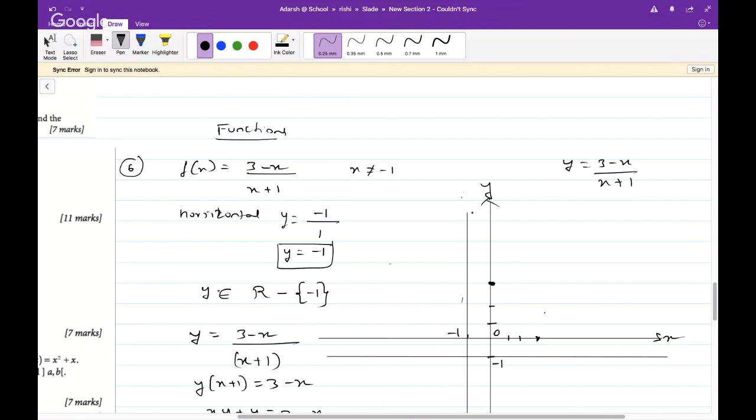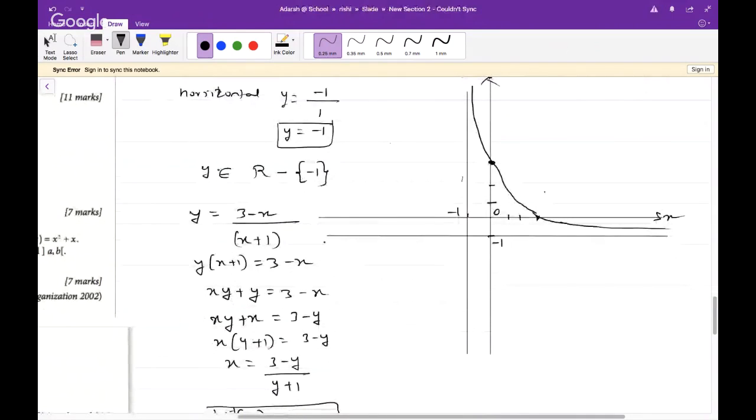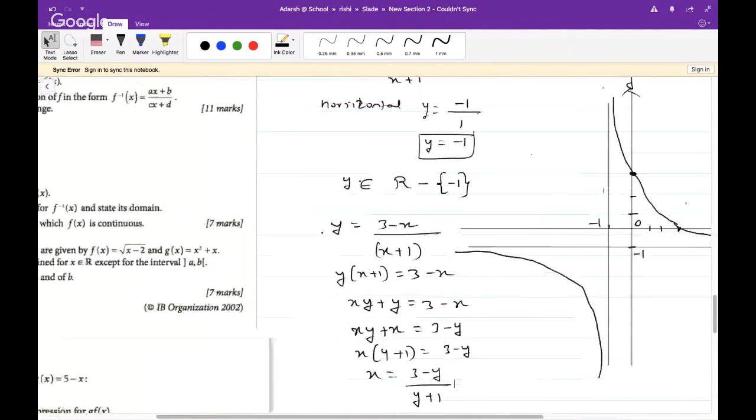Your curve goes something like this and keeps going like this. The same way it goes on the other side as well. It does not touch this line and this line. So this is your curve.